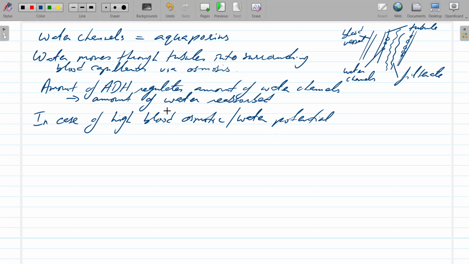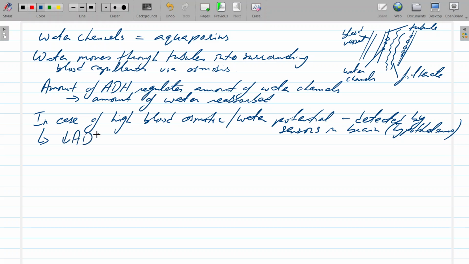And so how that's regulated is it's detected by sensors in the brain, receptors, which is the hypothalamus. And so they decrease the secretion of ADH. There's no other hormone that's being secreted. It's regulated by ADH. So increasing secretion of ADH increases reabsorption.